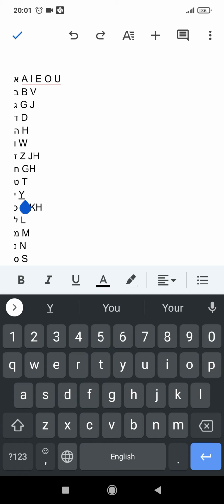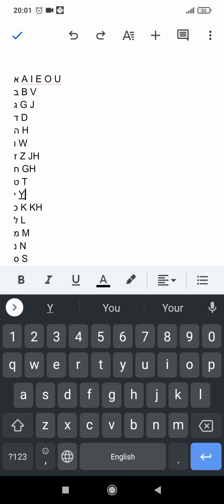This one, Yud, is actually supposed to be pronounced as a Y. So, for example, the word Israel, most people just pronounce it with an E, Israel, but it's actually supposed to be pronounced Yi, Yisrael.